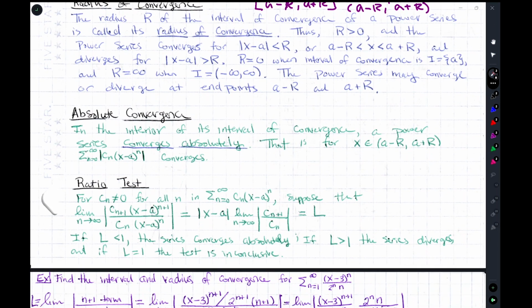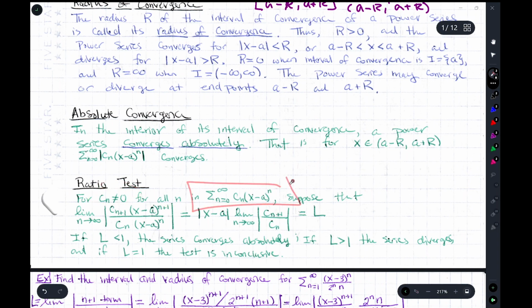We also have the ratio test, which will come in handy for c_n not equal to 0 for all n in this power series. Suppose that the limit as n goes to infinity of this, which is the (n+1)th term in the power series divided by the nth term, including the x-powers so it's not just the coefficients, and you take the absolute value of that.